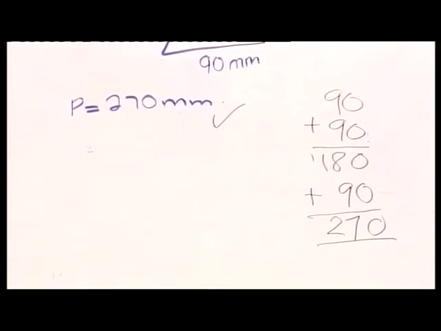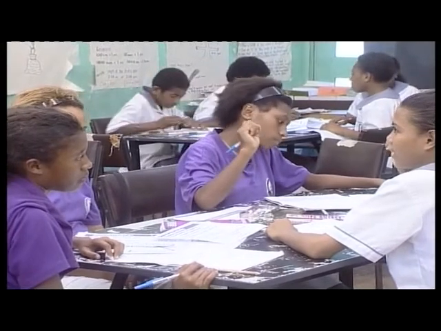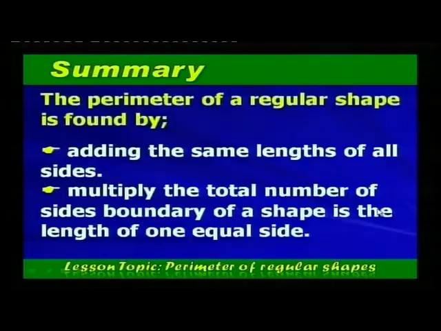I'd like you to do exercise 2 for homework. With that, our summary for today: the perimeter of a regular shape is found by adding the same lengths of all sides and also by multiplying the total number of sides of a shape times the length of one side.